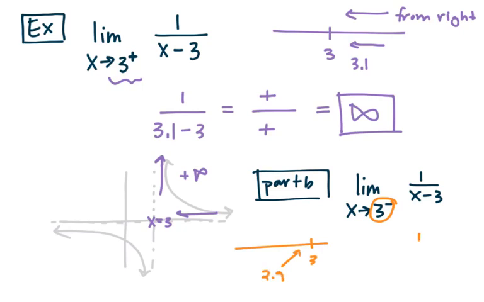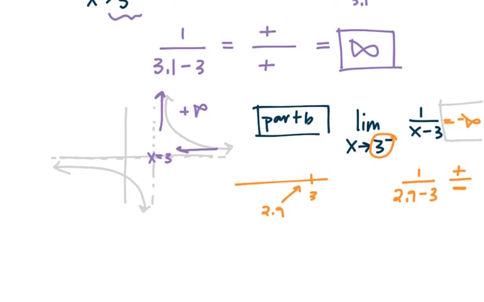So if I looked at that, 1 over 2.9 minus 3, I would get a positive value in the numerator, and 2.9 take away 3 would be negative. Positive over negative, in this case, we would say this goes to negative infinity. It's hard for me to cram in there, but negative infinity would be our answer in that situation. So really, it's just about looking at the left and right side of the graph.